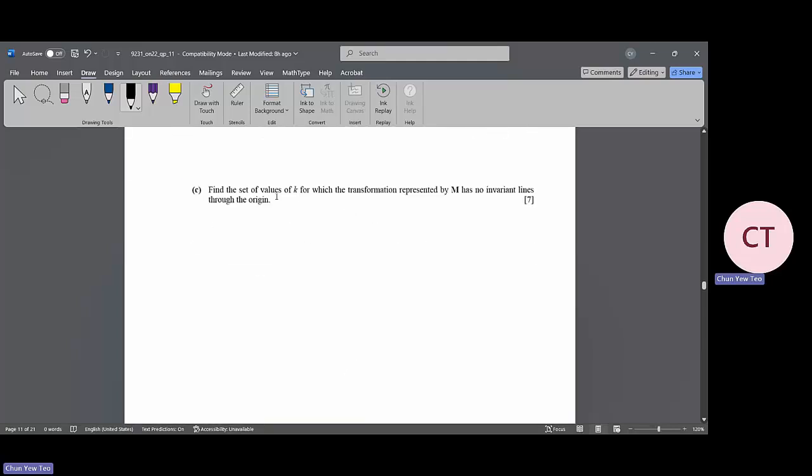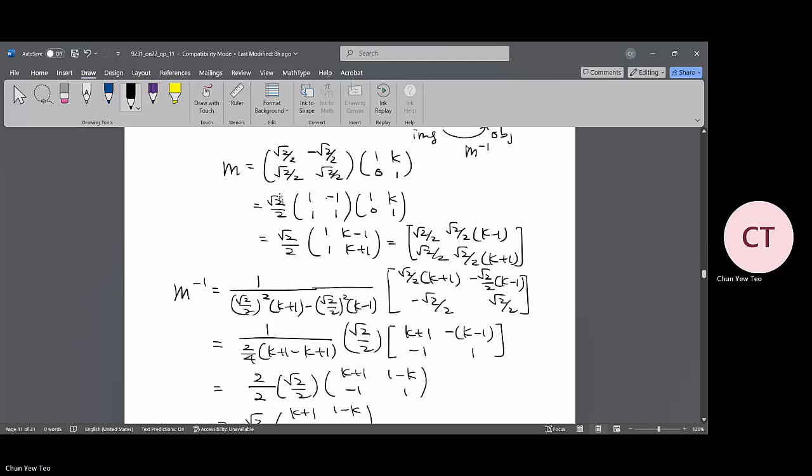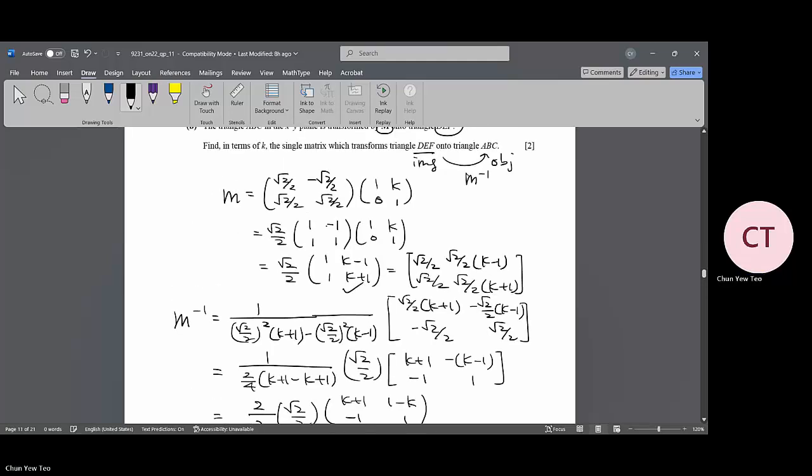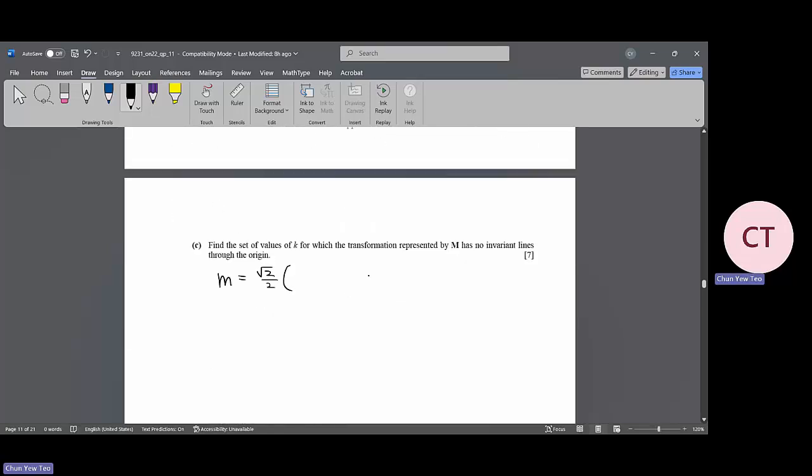Now we move on to part C. Find the set of values of K for which the transformation represented by M has no invariant lines through the origin. So over here, I need to write down the M again. This is the M: 1, 1, K minus 1, K plus 1.